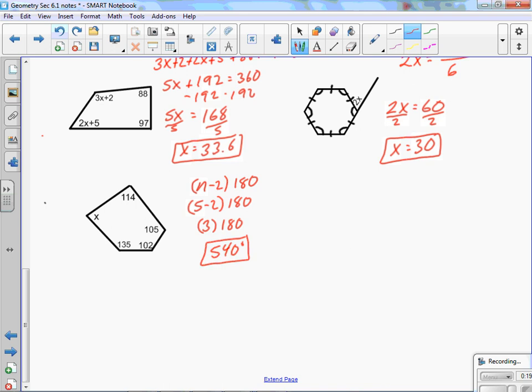So now all those angles added together have to equal 540. So x plus 114 plus 105 plus 102 plus 135. All 5 angles added together have to equal 540.